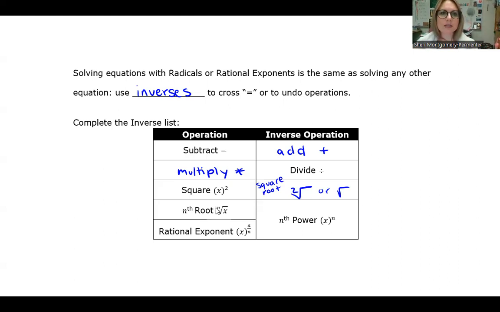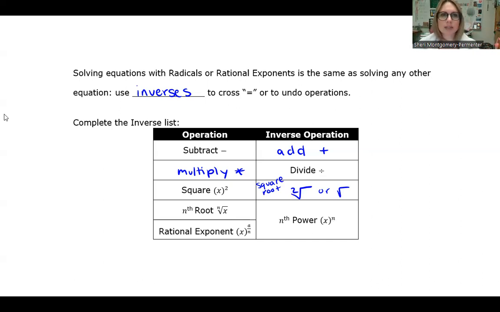So whether we have something to the nth root or we have some rational exponent with the nth denominator, which corresponds with the index, you undo it by raising both sides to the n power. So if you have the nth root, you raise it to the nth power, whatever the index is. Or if you have a rational exponent, you look at the denominator, whatever that denominator is, you raise it to that nth power.